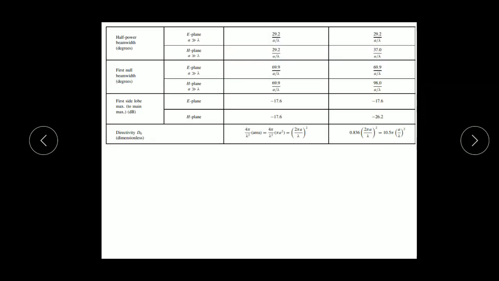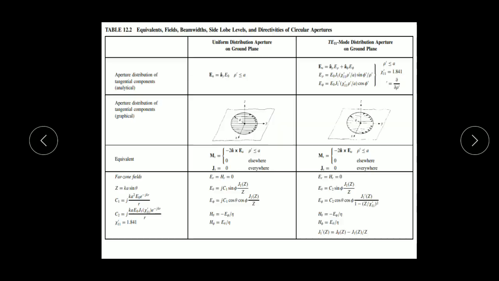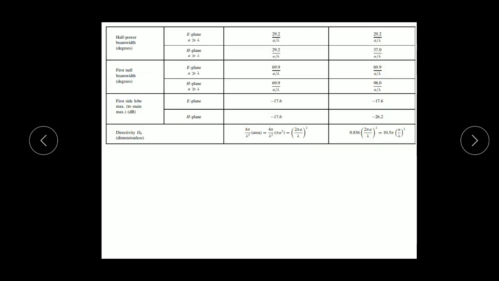And this pattern represents the half power beamwidth of the uniform aperture. This is the half power beamwidth for uniform, and this is for the TE11 mode.